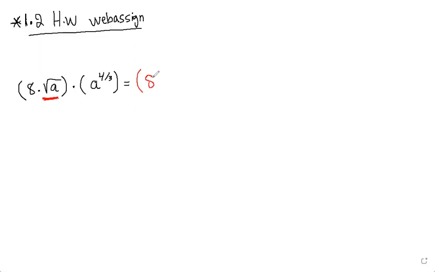So this is equal to 8 times a to the power 1 half, because a to the m over n is exactly like the nth root of a to the m. Here we have 2, and the power of a is 1. So this will be 1 over 2 times a to the power 4 over 3.